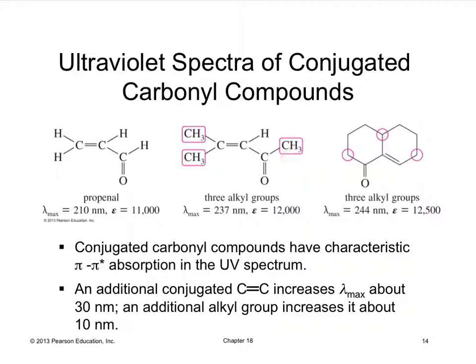As you add alkyl groups, you increase it about 30 nanometers to 240-ish. In this case, due to the ring, this is also adding 3 alkyl groups, going slightly higher than over here, to 244.